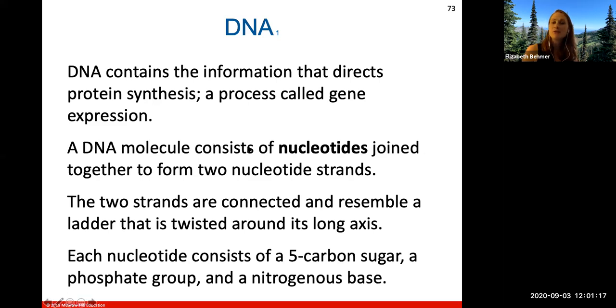A DNA molecule consists of nucleotides, which are joined together to form 2 nucleotide strands. And these 2 strands are connected and resemble a ladder that is twisted around an axis. So we get this helical pattern, like a ladder twisted on itself.